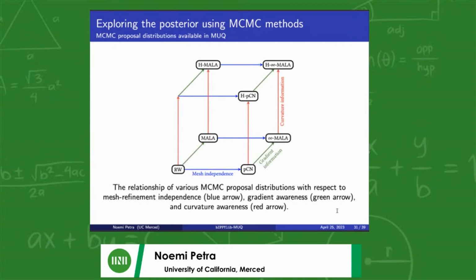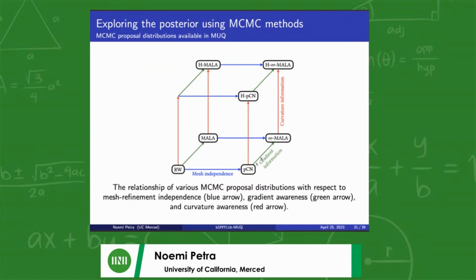There are a couple of methods in MUQ that we look at. So these are some of the MCMC proposal distributions available in MUQ. We started with the basics, but we were mostly interested in methods that give us some mesh independence.